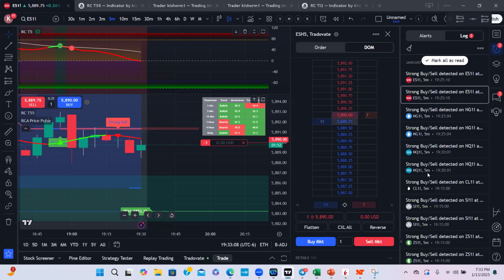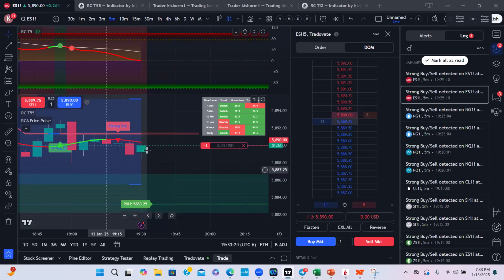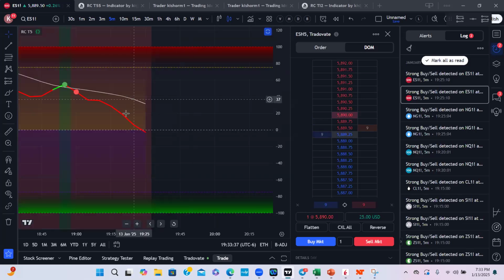As long as your T5 line is red, your price pulse line is red, you can hold the trade. If I want, I can put a stop loss somewhere above the T5 line, price pulse line. There is a high possibility for it to come all the way to the bottom. As long as there is a lot of gap between these two, that shows that sellers are in full control.